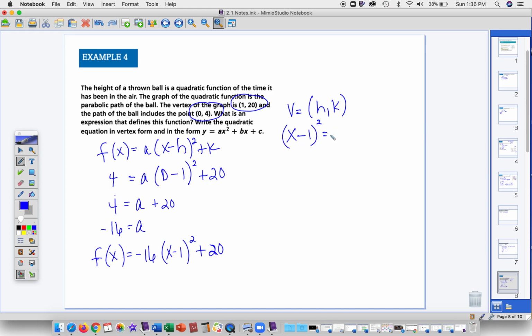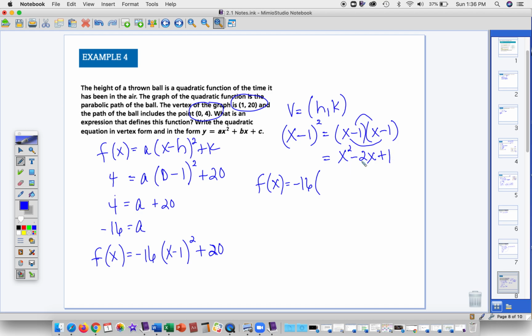That means x minus 1 times itself. So we can do FOIL. Remember the inners and outers get combined. So that's -1x minus 1x, which is -2x. And then -1 times -1 is a +1.